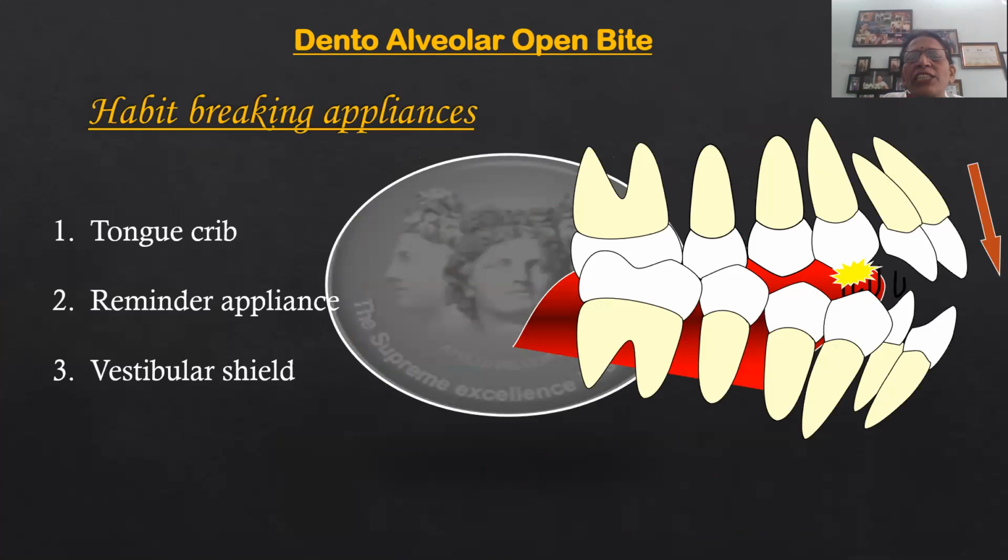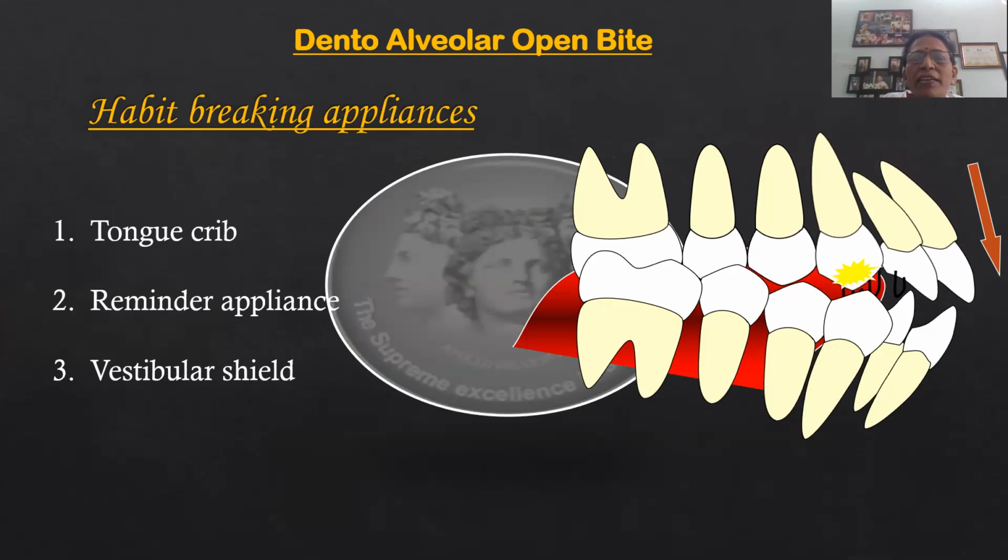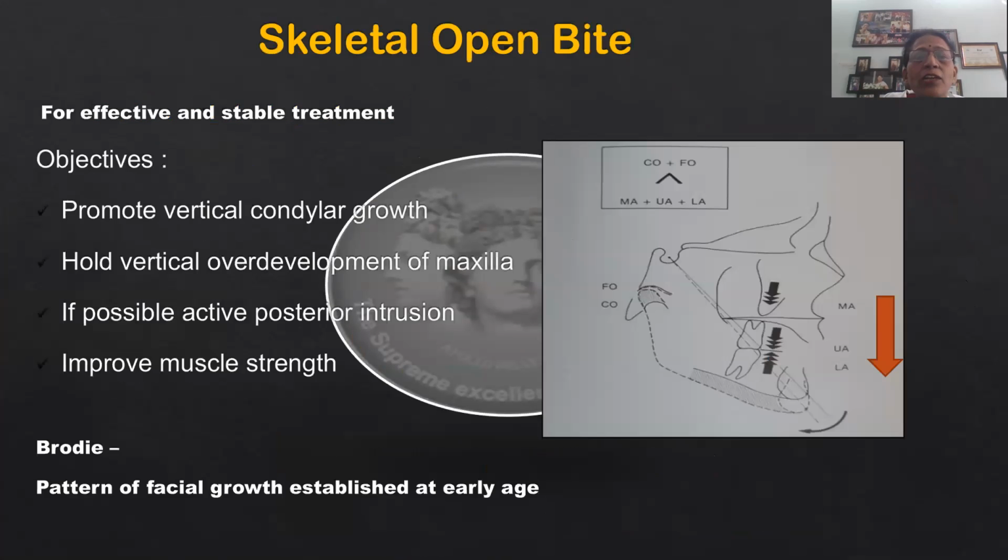Now, if in a growing patient the habit is the cause or the etiology of the open bite, which leads to a dentoalveolar open bite, then habit-breaking appliances work best. But if the open bite is a skeletal open bite, then our treatment objectives in a growing child are to promote the vertical condylar growth and hold the vertical overdevelopment of the maxilla.